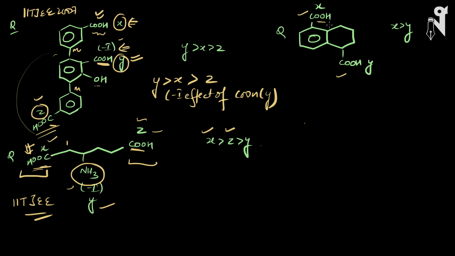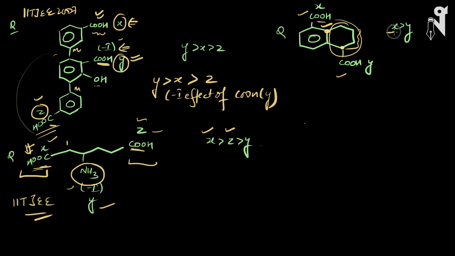So just look at it carefully. This COOH has this whole thing present on the ortho position, so the ortho effect will be applicable. Whereas for this COOH, there is an electron releasing effect due to the R chain present over here. So we don't even have to look at it that way. Look at the benzoic acid. Benzoic acid anyway has better acidity than the normal aliphatic carboxylic acids. And over that, there is an ortho effect working.